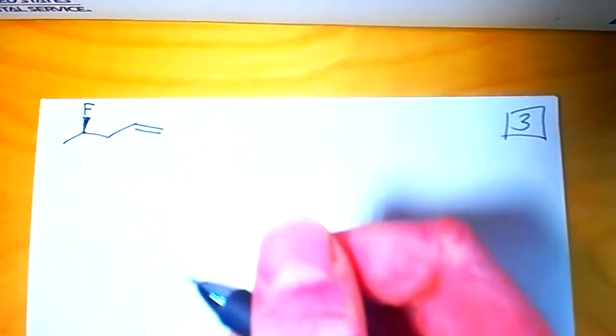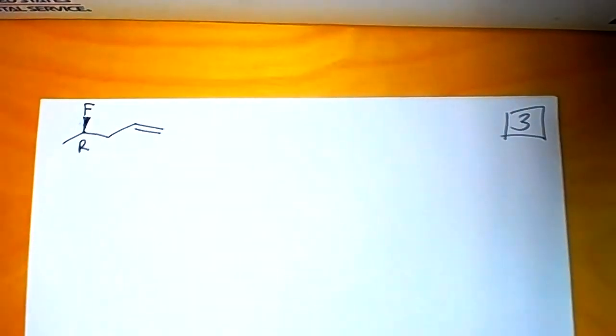So, in other words, if we had, say, an alkene that looked like this, where I have a fluoride that is clearly coming towards us, wedged. It would be assigned as an R stereocenter.